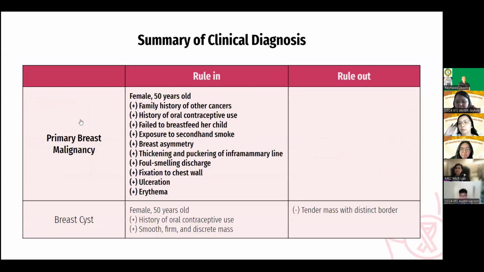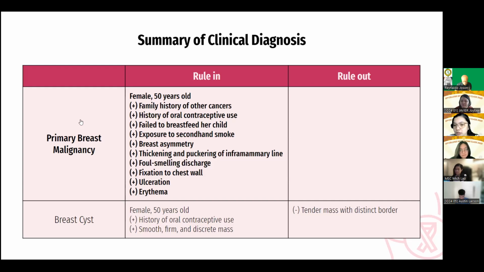So, we'd like to explain why we think it's a 90% certainty of primary breast malignancy and 10% certainty for breast cysts. As you can see, there are a lot of factors in the patient that could rule in primary breast malignancy.